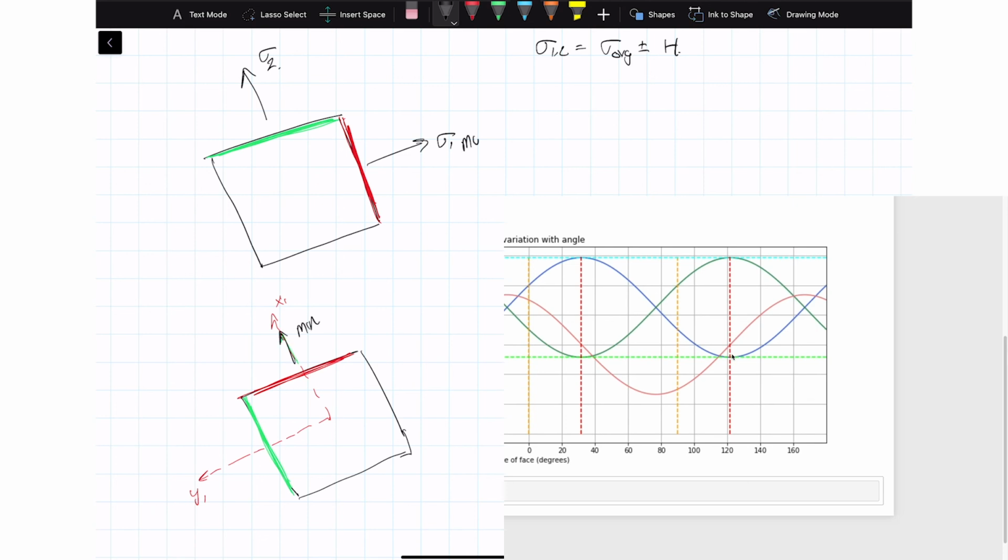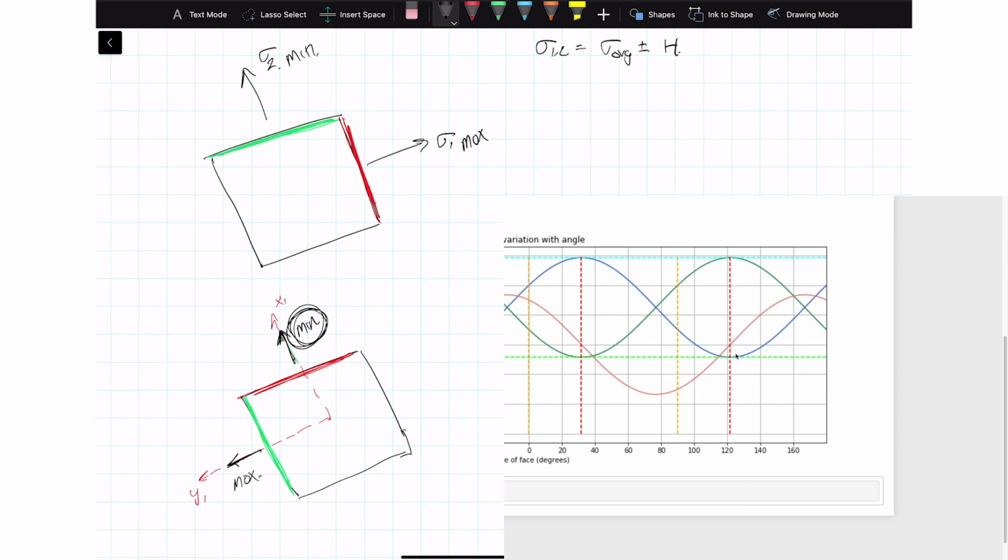So we'll say that was a max and that was a min. Now this still has to be a min, and sure enough, that's what our plot of the transformation equation is telling us: when we rotate that face around to 120 degrees, it has to be a minimum value, the minimum principal stress. And now this is going to be the maximum principal stress. It makes sense because the two diagrams have to agree.